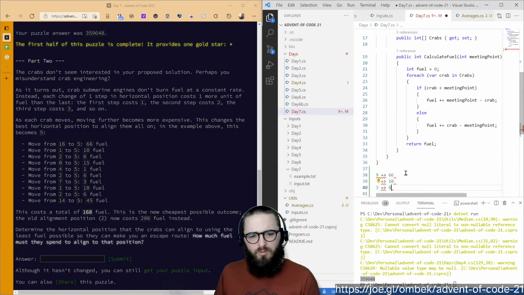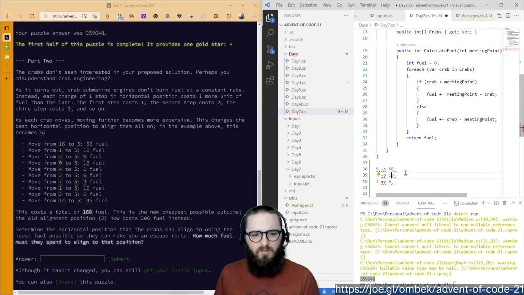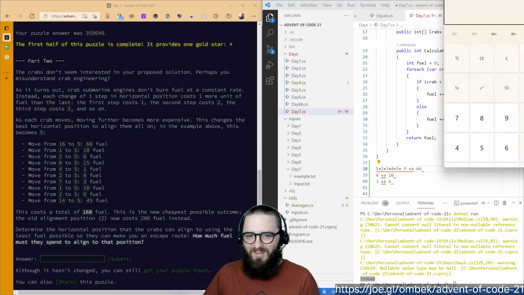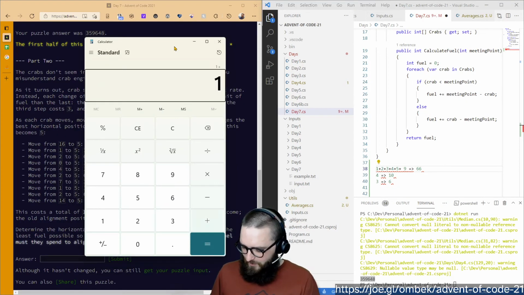Yeah, it's factorial, right? Because this is 1 plus 2 plus 3 plus 4 plus 5 plus. There's the calculator. 1 plus 2 plus 3 plus 4 plus 5 plus 6 plus 7 plus 8 plus 9. 66.